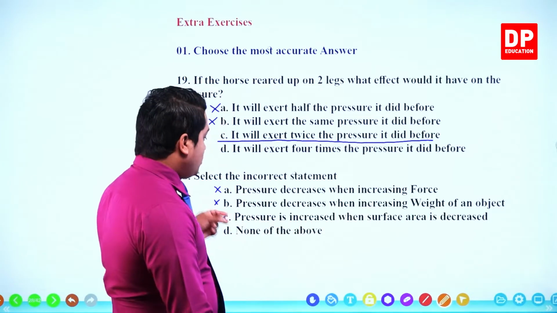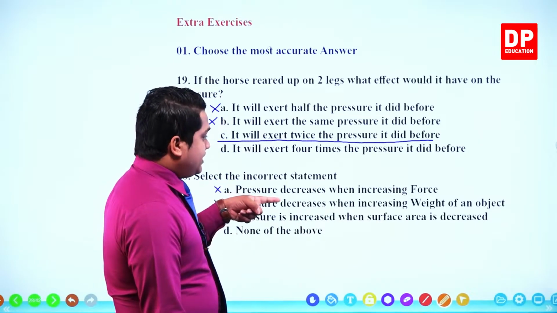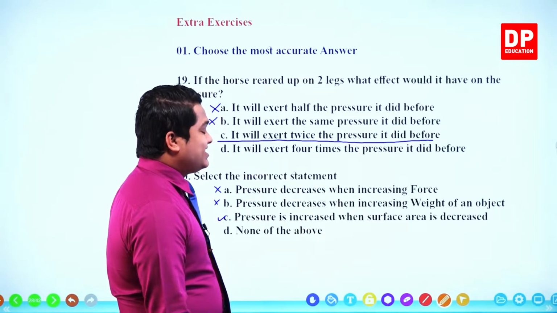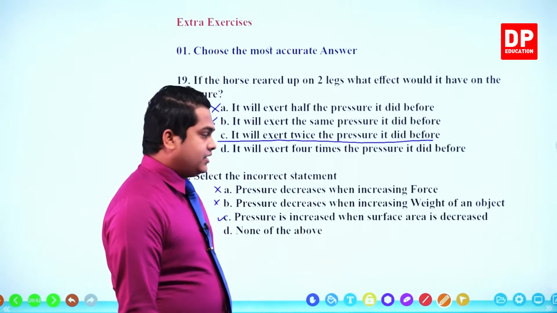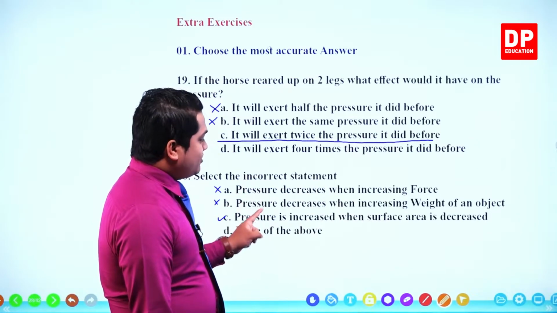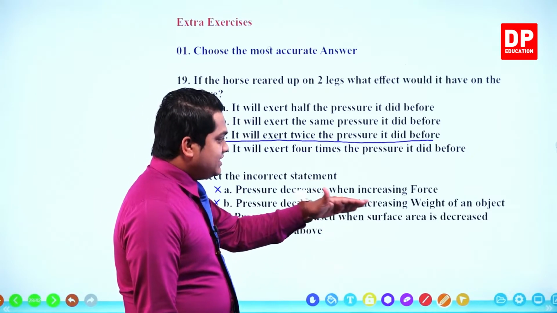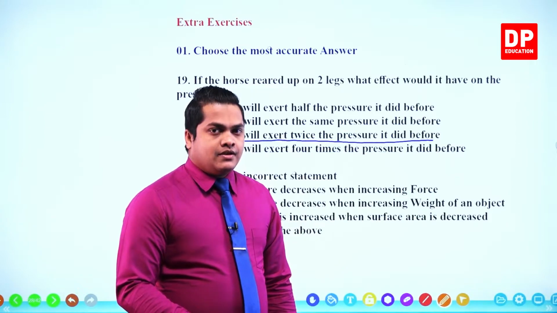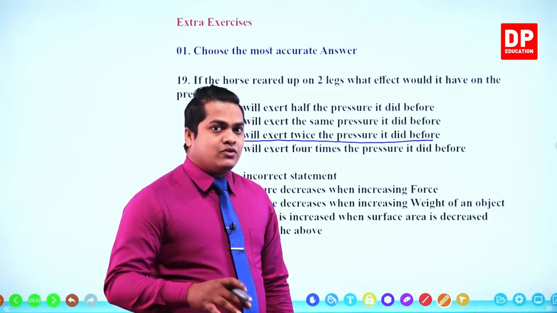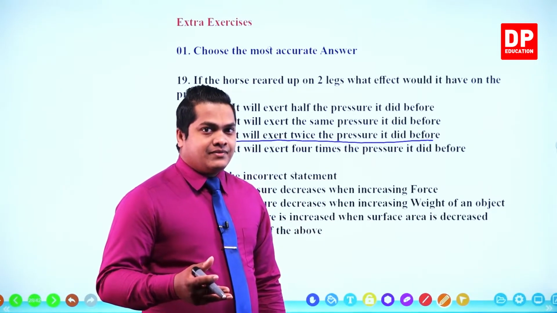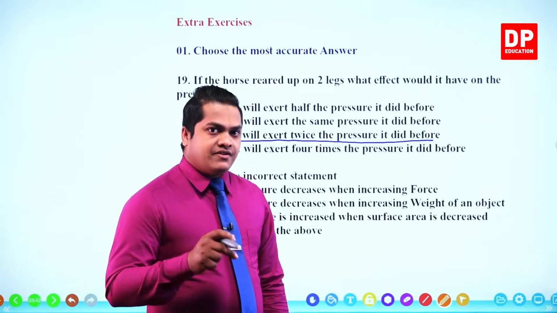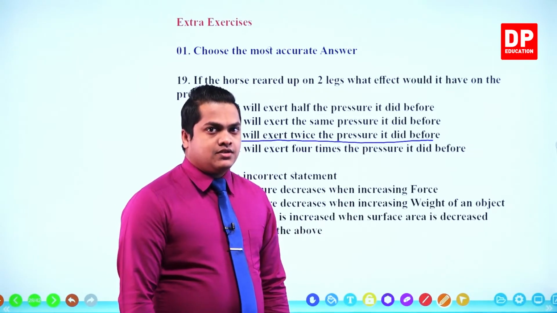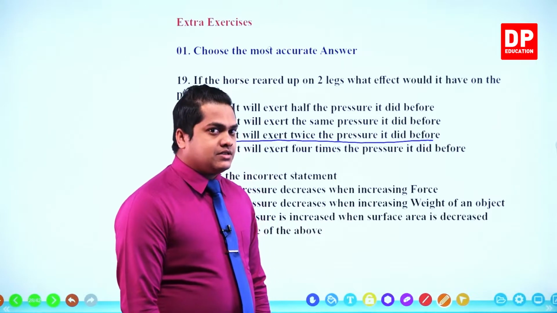Now, here there are 2 possible answers. Pressure decreases when increasing the force. That's totally incorrect. In the second one also, pressure decreases when increasing the weight of an object. That is also incorrect because when increasing the weight, pressure is going to increase. Definitely the pressure is going to increase. So, there are 2 possible answers.